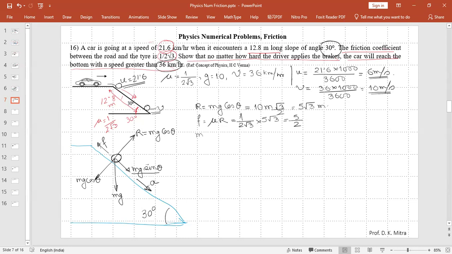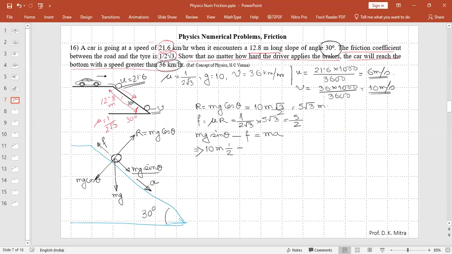This is mg sin theta minus the force opposite to the acceleration, F. This has to be equal to mass into acceleration. From here we get, g is equal to 10, sin theta is half, sin 30, minus F is given 5 by 2 m.